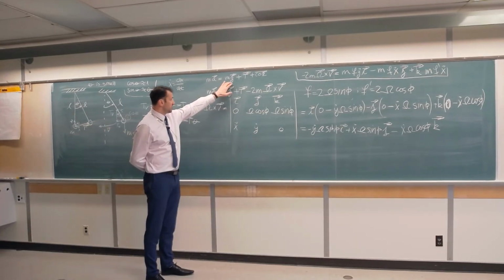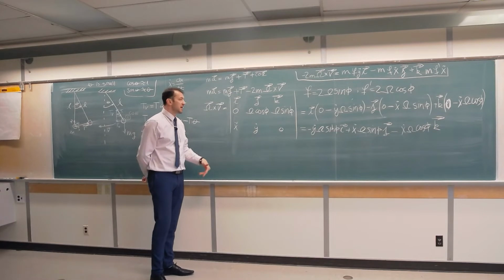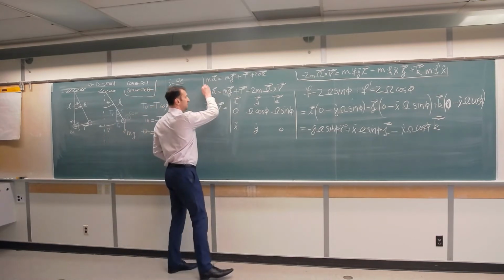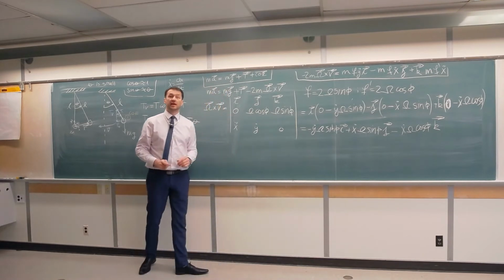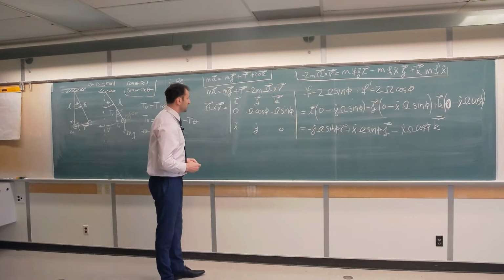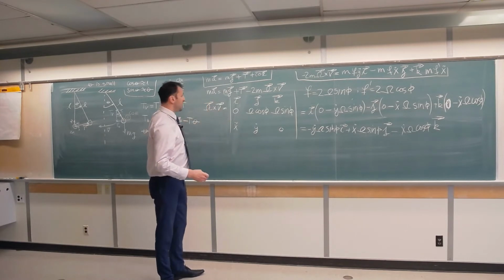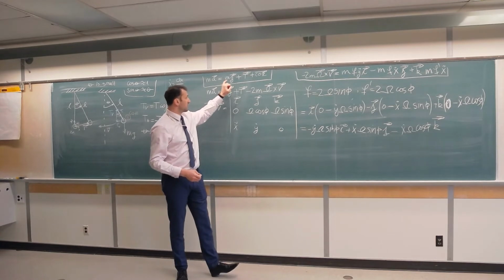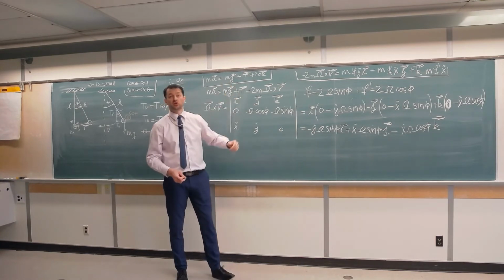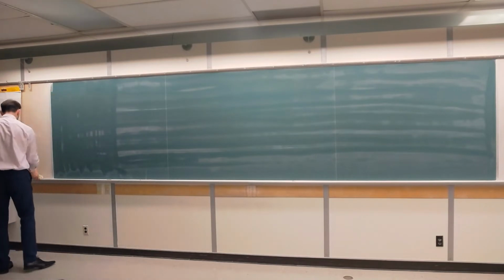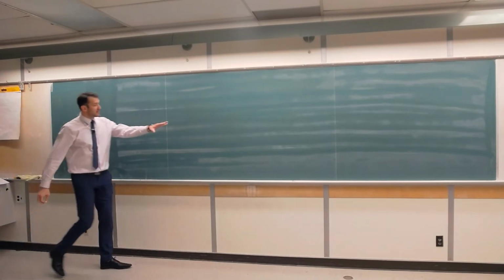And we know that G is just negative g acting in the vertical direction. So we can write this vector equation as 3 scalar equations, and then we need to solve that system of equations. Now I need to erase this, and then we will rewrite this as scalar equations and then solve them. Okay, now I erased the blackboard.